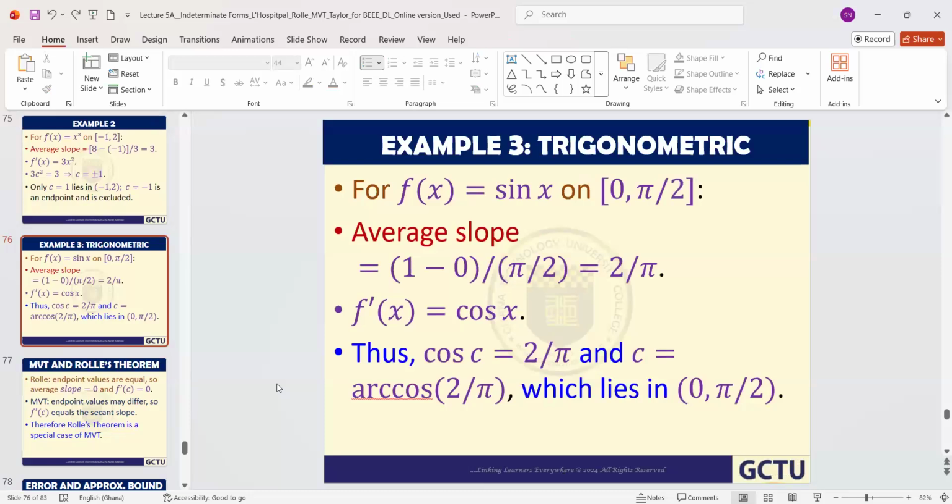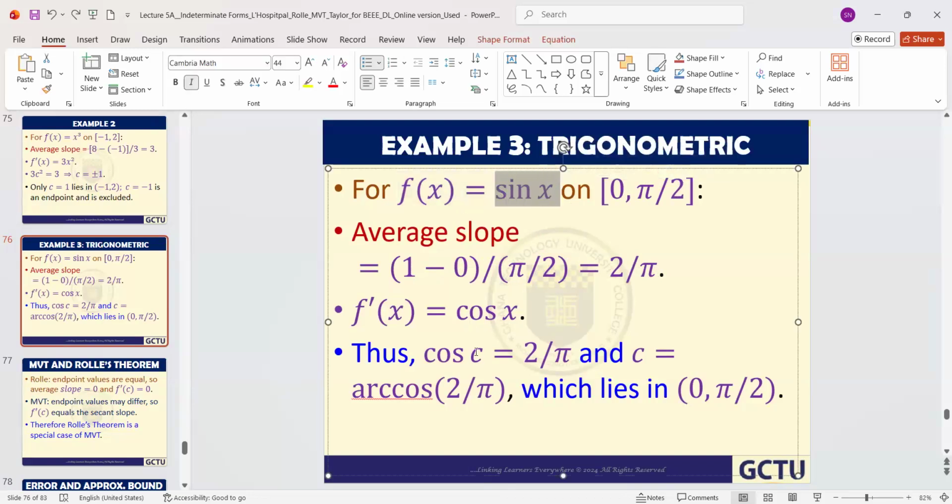There's a third example, this time a trig function. We substitute 0 into sine x, and sine 0 gives you 0. Then sine pi on 2 gives you 1. So 1 minus 0 over pi on 2 gives you 2 over pi. Then when we differentiate sine x, we get cos x.